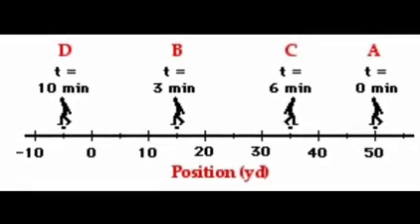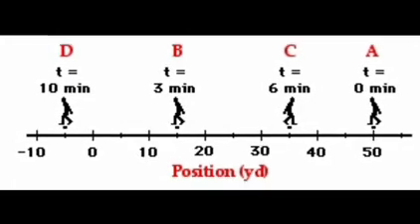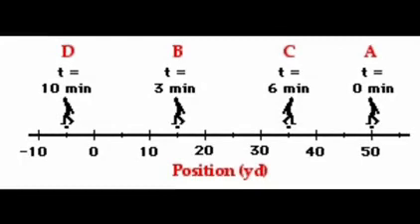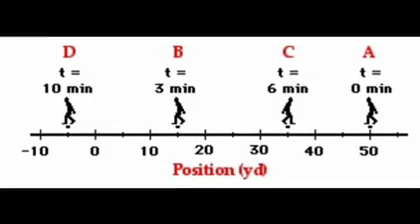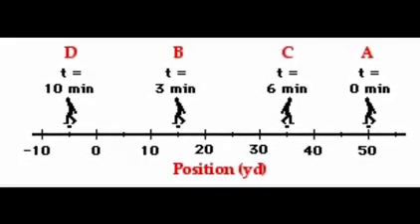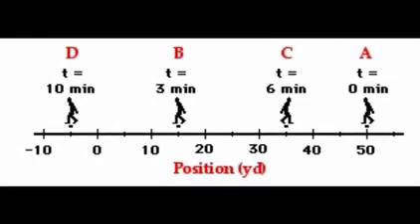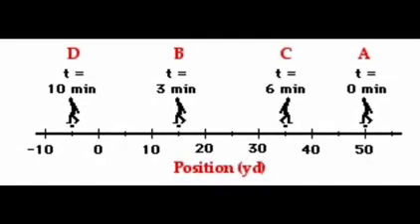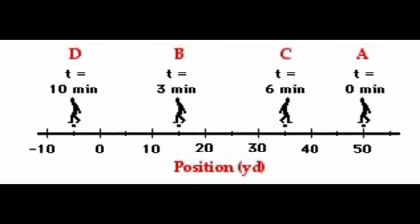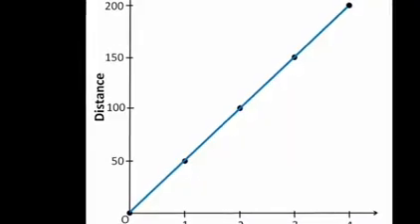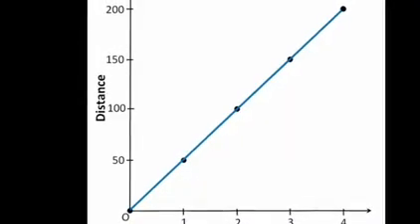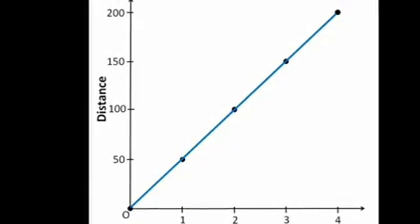So displacement is defined as the distance between the reference point and the reaching point. If the reference point or starting point and the ending point are the same, the displacement will be 0. Next, there are two types of motion, uniform motion and non-uniform motion.